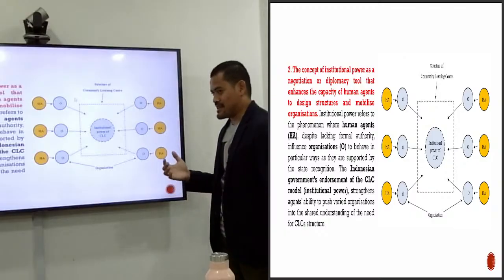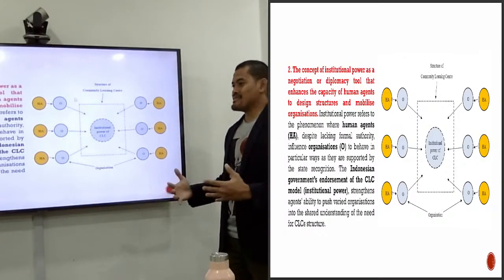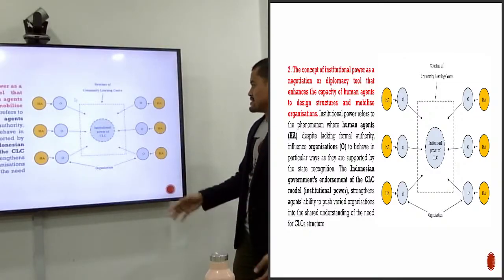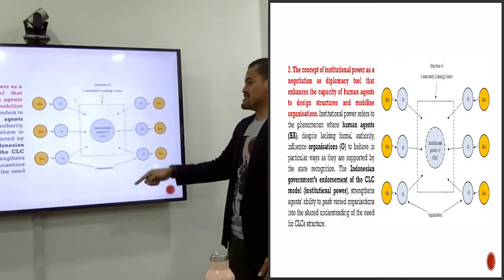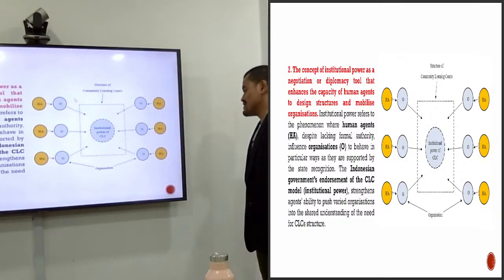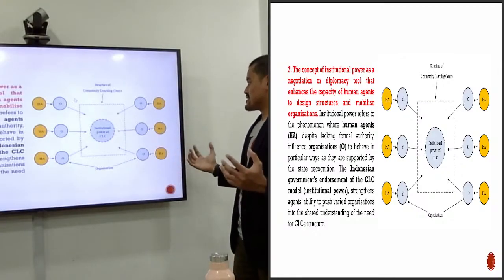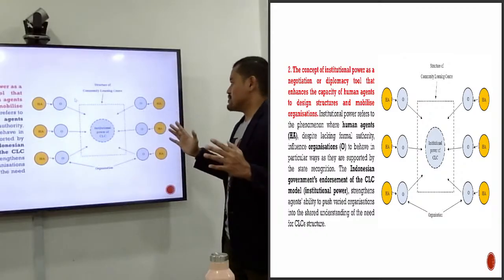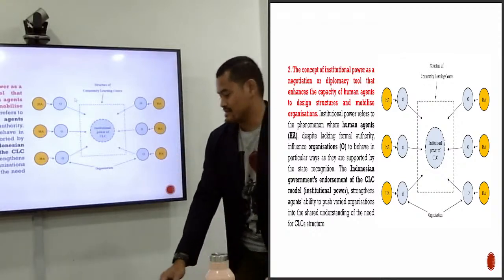It can be the plantation estate, it can be the landlord, it can be any other individuals that are approached by the human agent to come inside the structure of CLCs, to institutionalize the CLCs. So the institutional power here helps the human agent to be able to push the organization towards the structure of CLC.